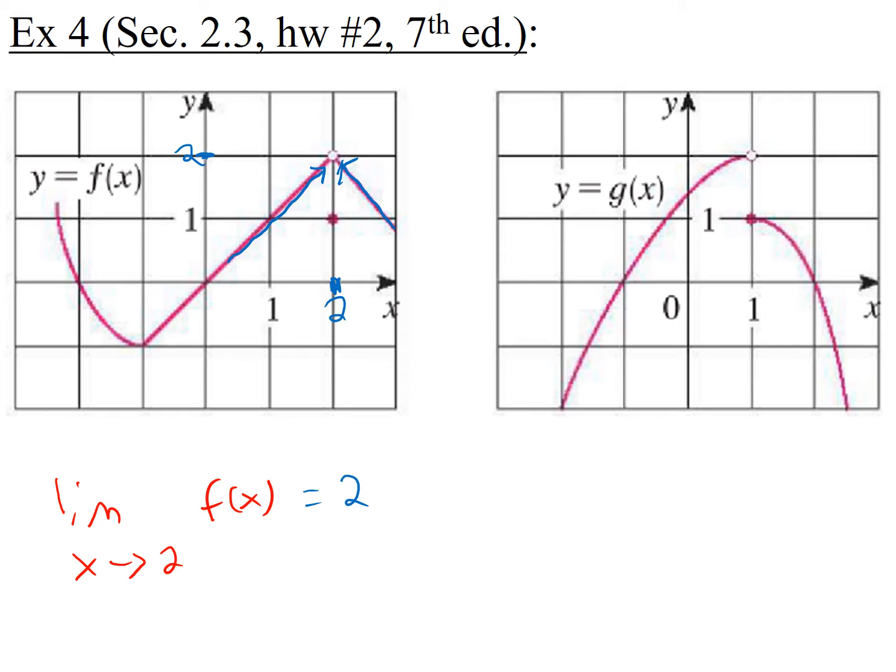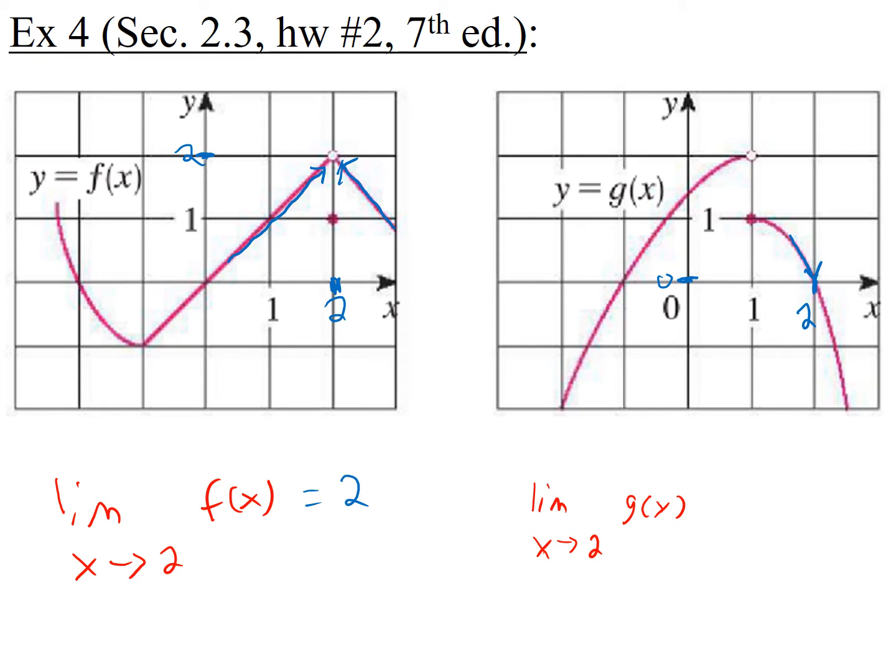We also need the limit as x goes to 2 of g of x to exist. On this picture, on the x-axis, here's the number 2. Let me look at the left and right-hand limits real quick. If I were doing the left-hand limit, I would start on the left and head towards 2, and it looks like we're headed to the number 0 on the y-axis.